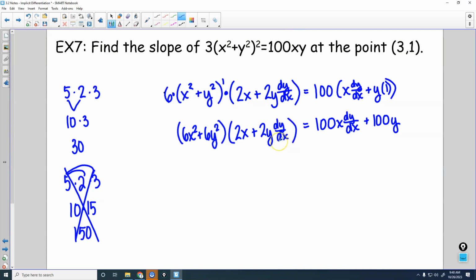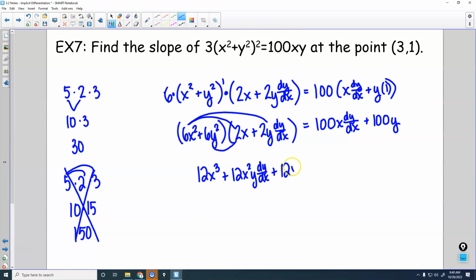All right, what have I got to do now? How do I put those together? I got to distribute, like our FOIL, or sometimes use the box for that. So I'll do 12x cubed plus 12x squared y dy dx. It's getting some complicated stuff here.